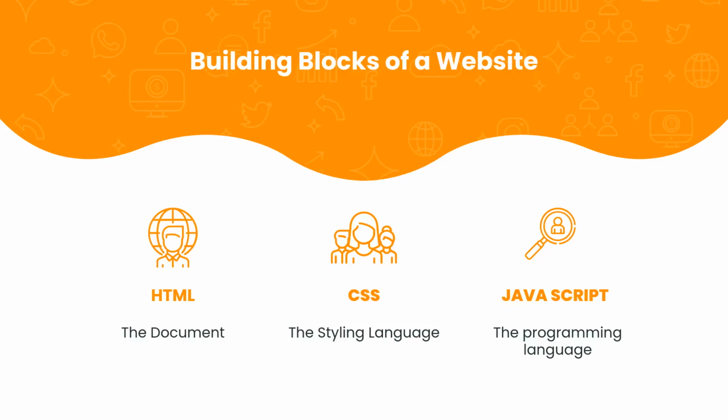So that's what HTML pretty much does. The next one, CSS, is the styling sheet or styling language that's used to style the website, right? So HTML blocks out the website and CSS styles it so that you can present a really beautiful website to your users.